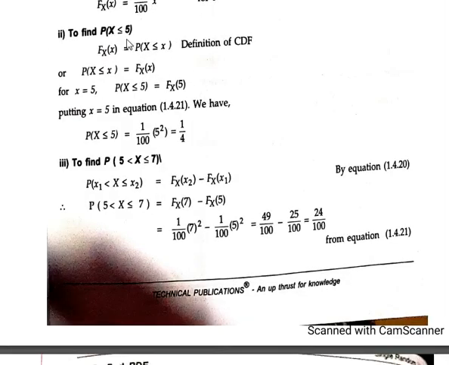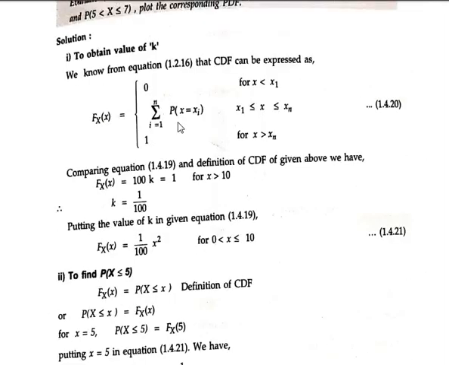Once we know the value of k, we go on to find the further things. So k is 1 divided by 100.